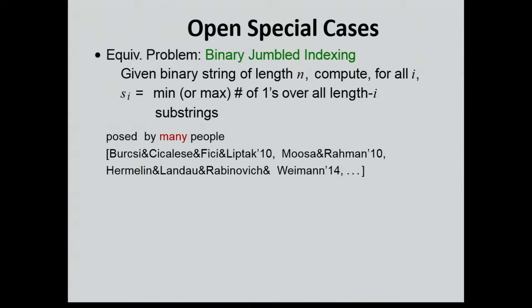Many people have looked at this problem, maybe 20 or 30 papers, and all they could do was shave log factors off the preprocessing time, but nothing better than that.